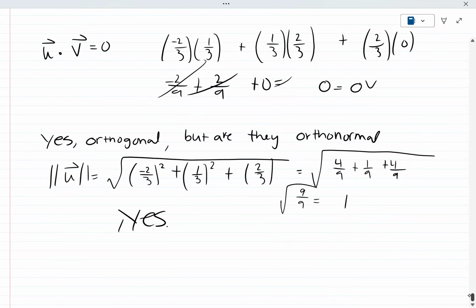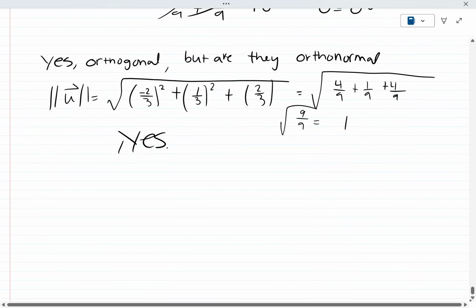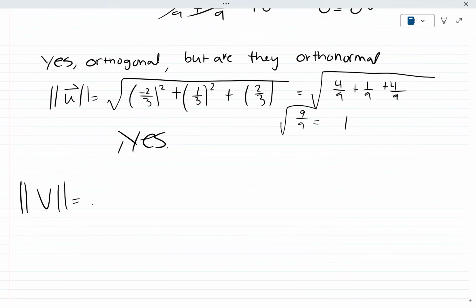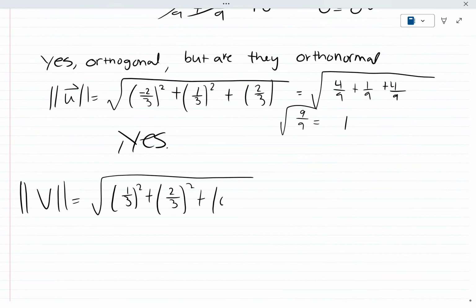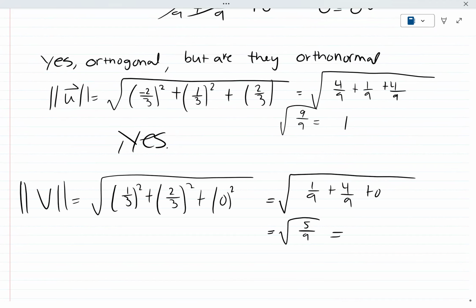What about vector v? Does it give you a magnitude of 1? Let's see. It would be the square root of (1/3) squared plus (2/3) squared plus 0 squared, which gives you the square root of 1/9 plus 4/9 plus 0, which gives you the square root of 5/9, which does not equal 1.